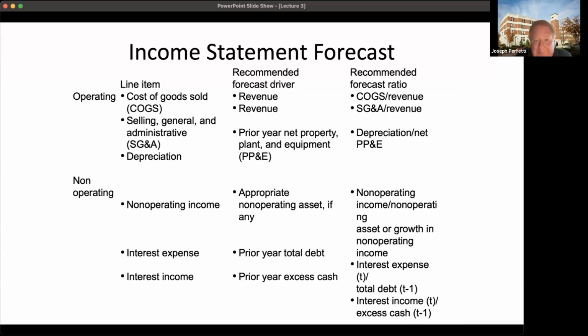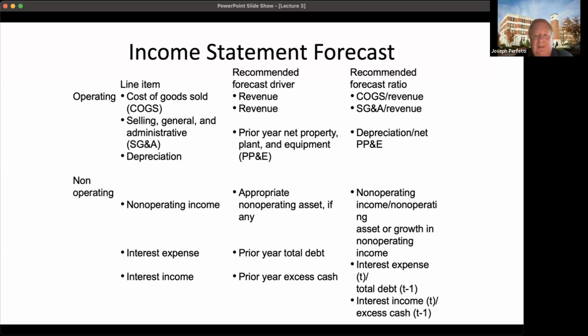But nonetheless, the ideal forecast ties the income statement driver, if you're forecasting for an income statement, in terms of the line item to the forecast driver of the cash flows. Okay. So for example, for operating items, we're going to forecast cost of goods sold, SG&A, and depreciation.